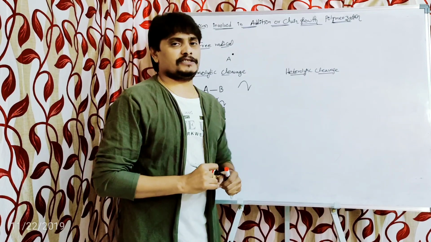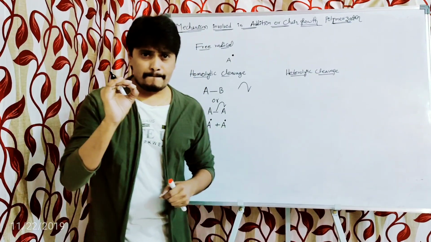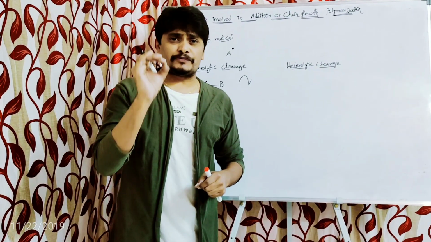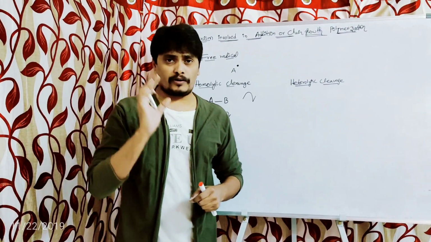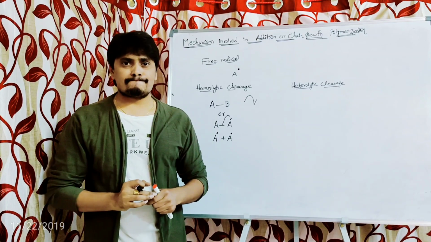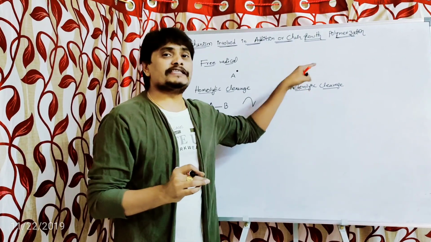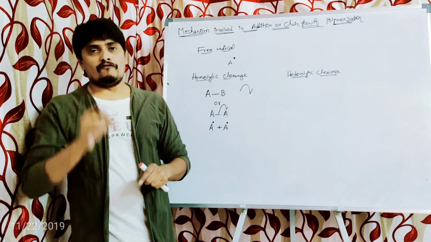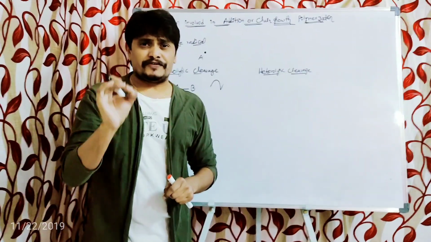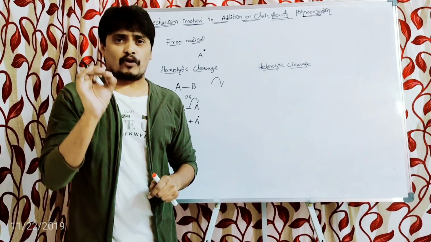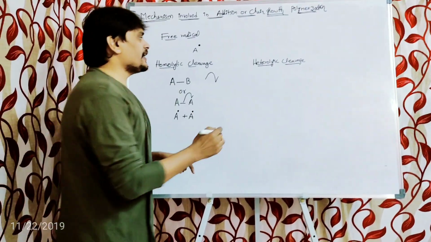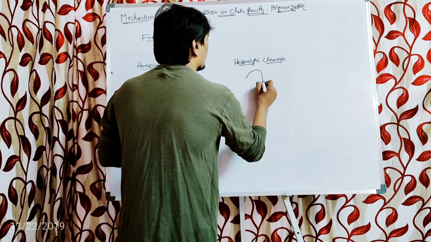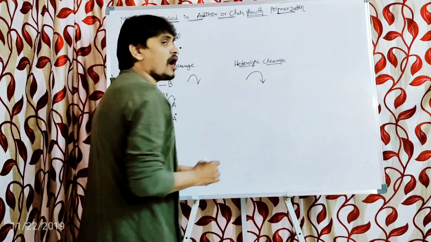When the electronegativity difference between the two adjacent atoms is more, heterolytic cleavage takes place. And heterolytic cleavage is represented by a full-headed arrow mark.